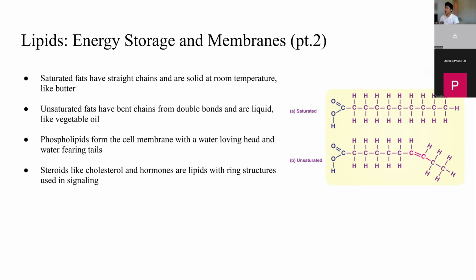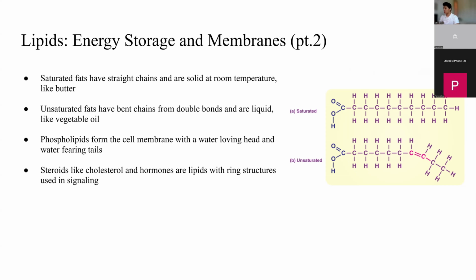And lastly, we have what's known as steroids. Different from, a little more general than, the steroids you hear about in bodybuilding, where they're injecting these artificial hormones and they get all jacked up. Steroids in this case is a little more general term, and it includes cholesterol and hormones with specifically a certain amount of ring structures.